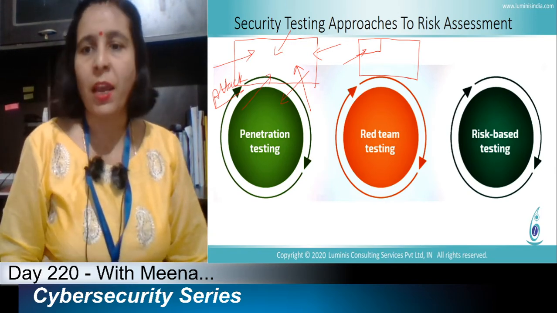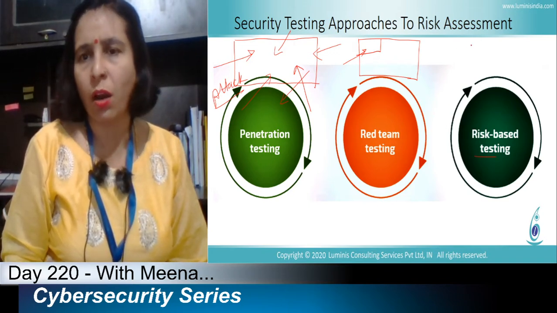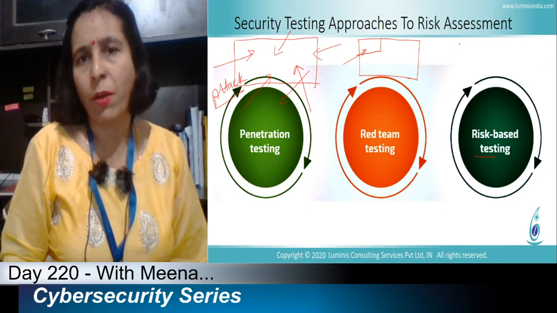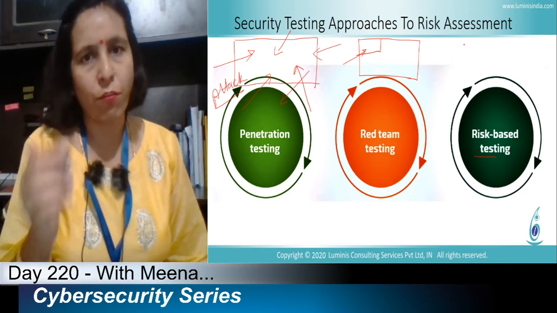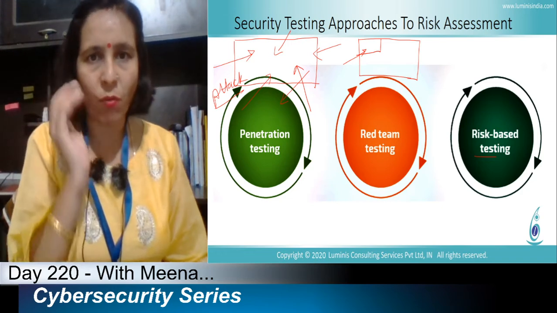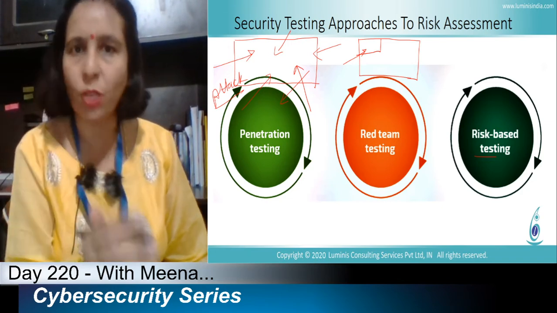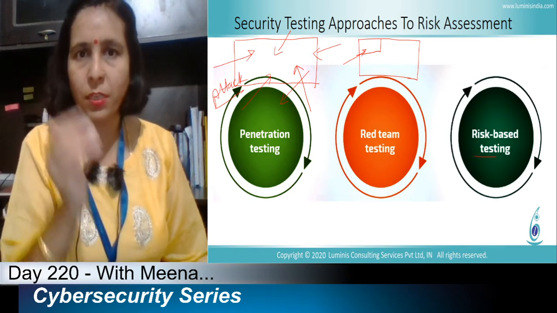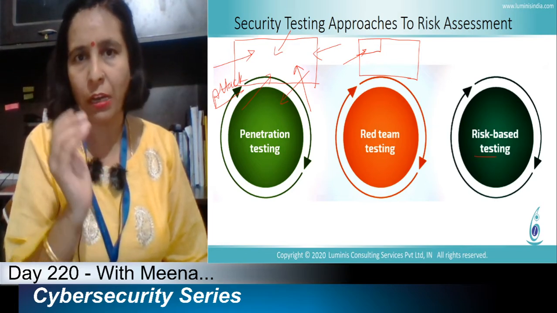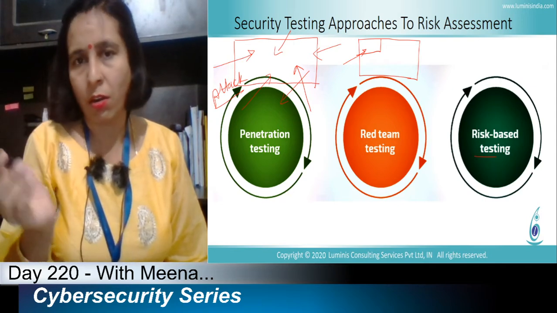Another is risk based testing. For example, you know that these kinds of attacks can happen on our network and these vulnerabilities exist, so we focus on a particular kind of vulnerability and a particular kind of attack to mitigate in our systems.